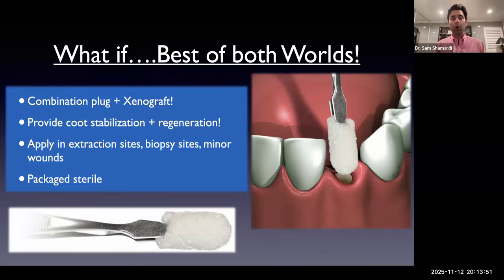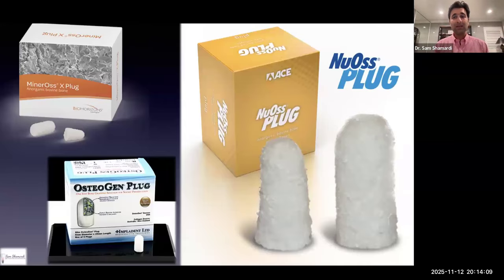And so what you find on the market now from some of these companies is a combination of a collagen plug that actually has xenograft bone particles within it. So again, in your nice intact sockets without your bony wall defects, these can be an extremely effective type of material. Now, there are multiple different companies that have different versions of this on the market.